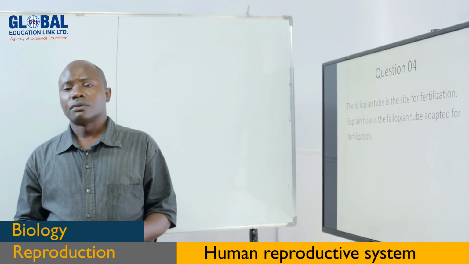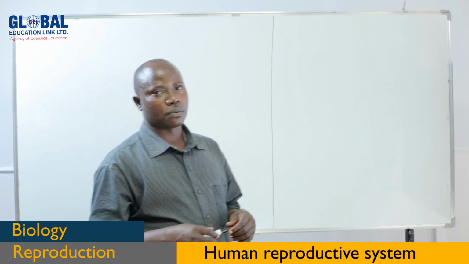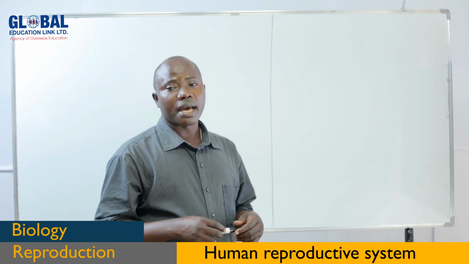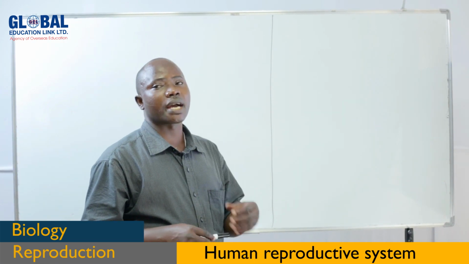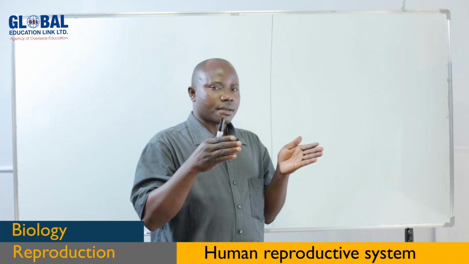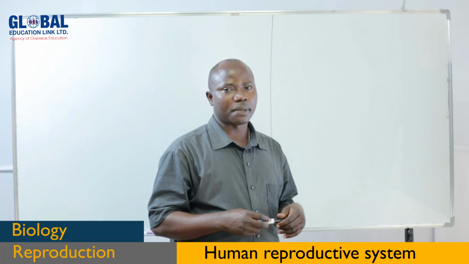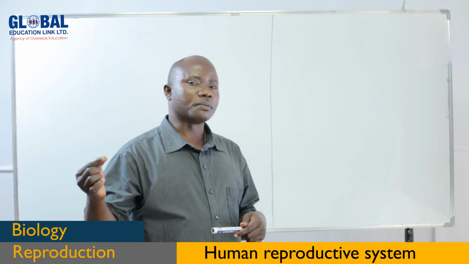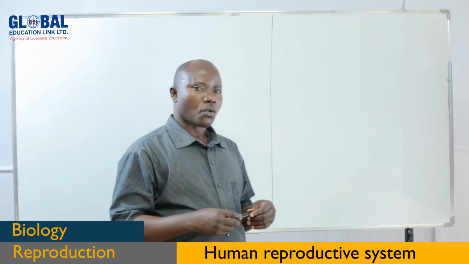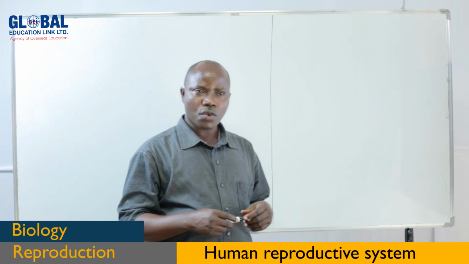As we all know, fertilization only occurs in the fallopian tube. However, some people have a misconception by saying that fertilization occurs in the uterus. That is not the case. Within the fallopian tube is where fertilization takes place during its journey from the ovary to the uterus. Therefore, what are the things you have to consider when you want to answer this question?